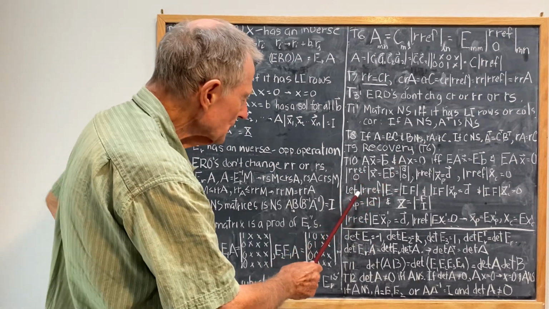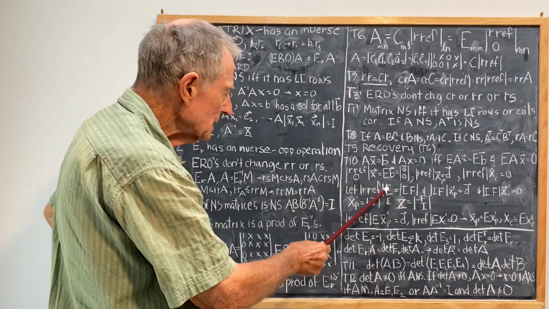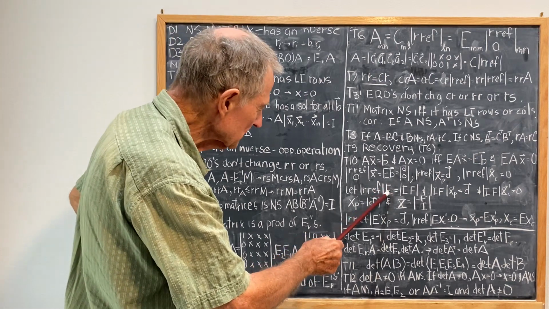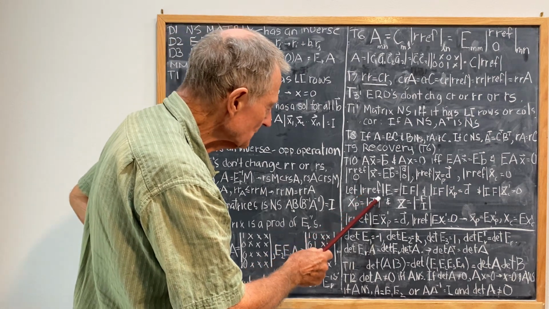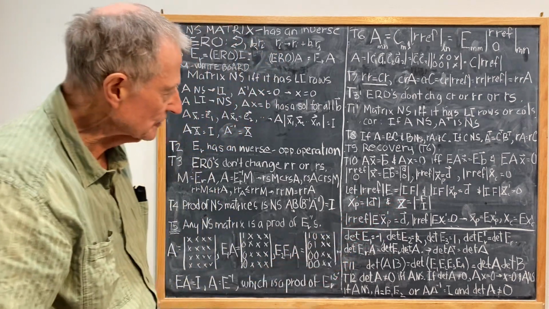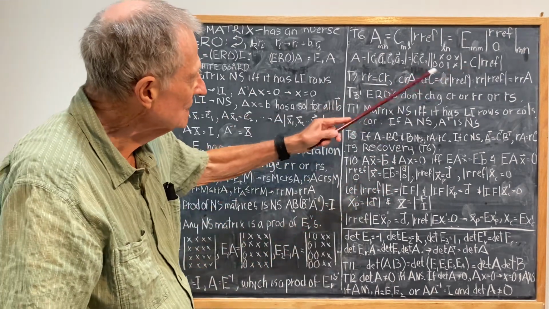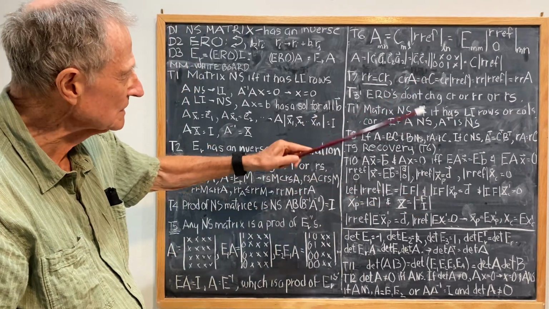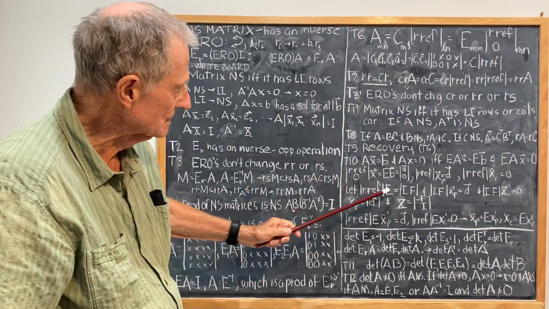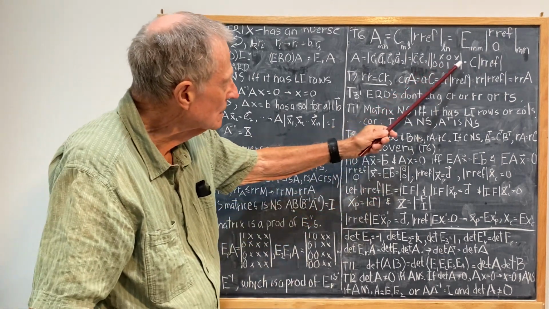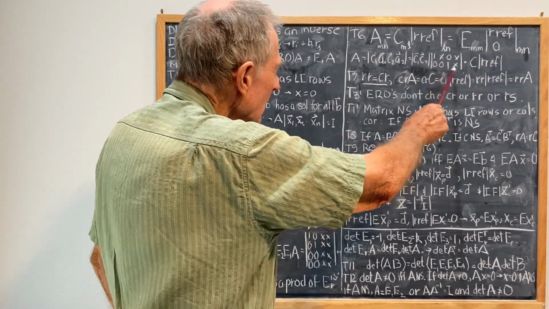Now let the reduced row echelon form times E equal IF, where E is a product of column matrices that rearrange the columns of the reduced row echelon form into IF. For example, E would be the elementary matrix which interchanges columns 2 and 3, so that this times E would give this in the form IF.